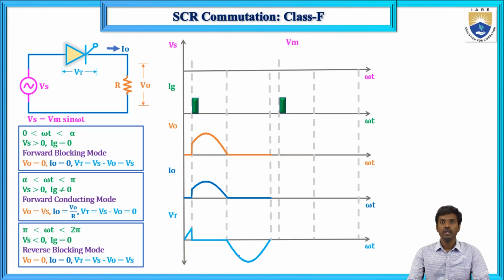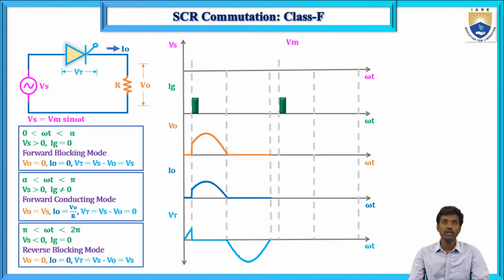So now here natural commutation. Under the natural commutation category, there is only one. In natural commutation we are giving AC supply. In the previous classes, class A, B, C, D, E, we are giving DC supply.